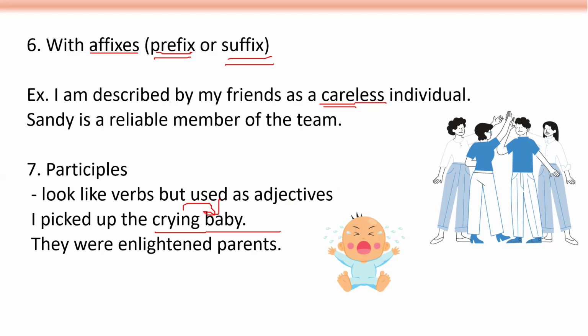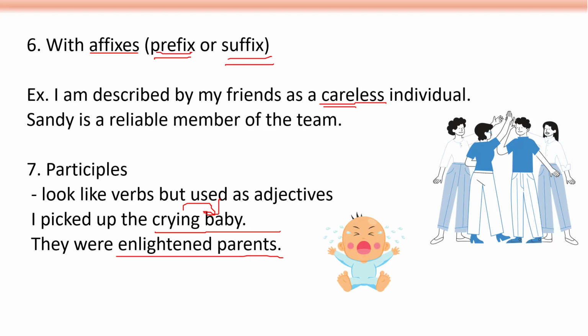They were enlightened parents. But if you use the word enlightened like this, I am enlightened by the lesson. I am enlightened by the video. I am enlightened by the discussion. That's when it's used as a verb.